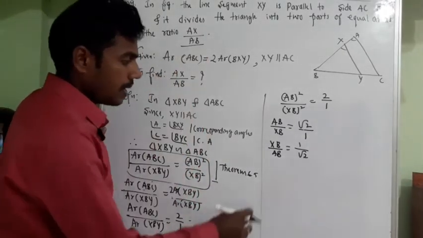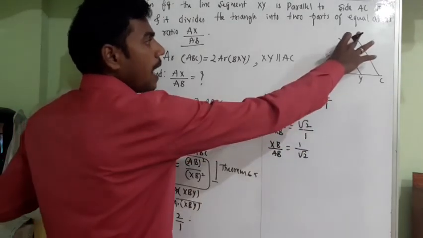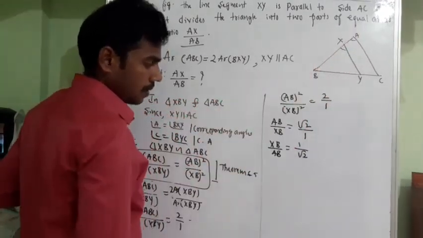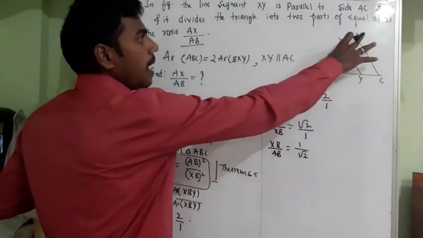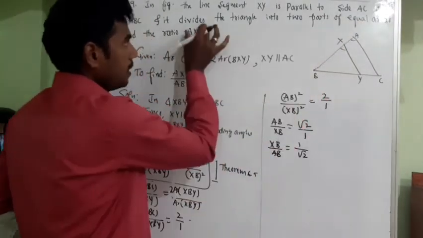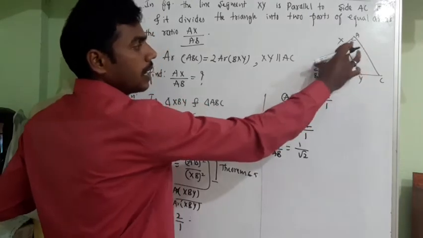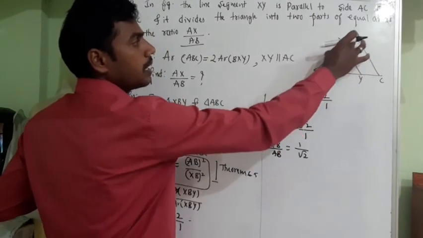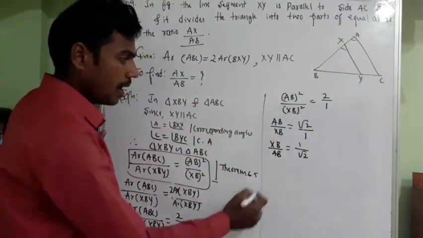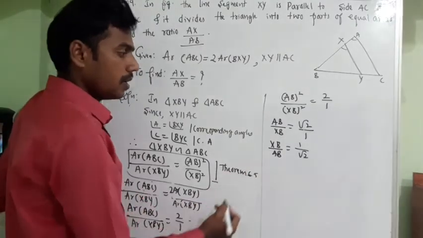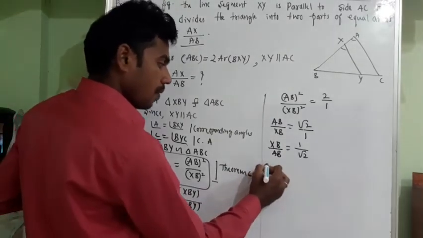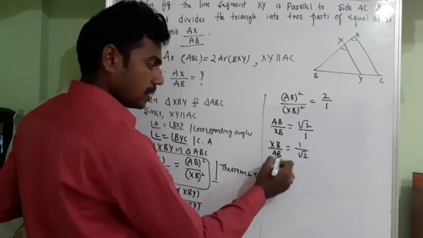So I need AB minus BX, sorry, AB minus BX, I'll get AX. This AX I want. I should get AB minus BX, then only I'll get AX. For that, I'll subtract the equation from 1 on both the sides.